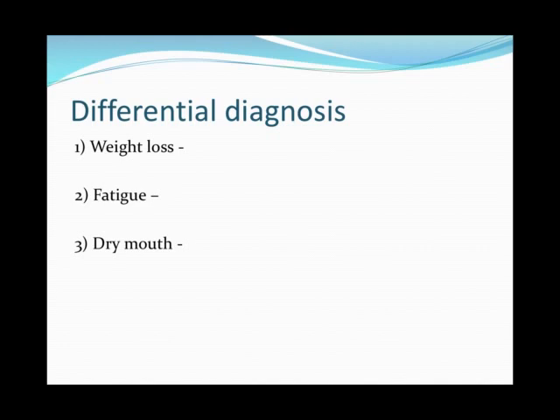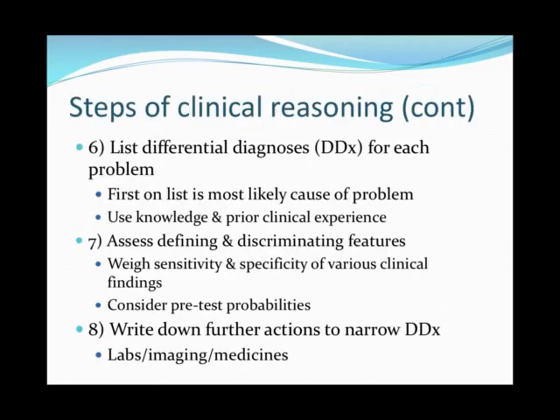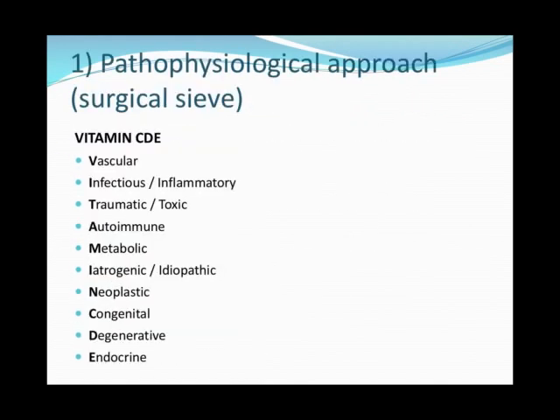So what if we think through our different categories, going back here: vitamin C, D, E. Are there any vascular problems that could cause weight loss? What about a hemolytic anemia, something like that?